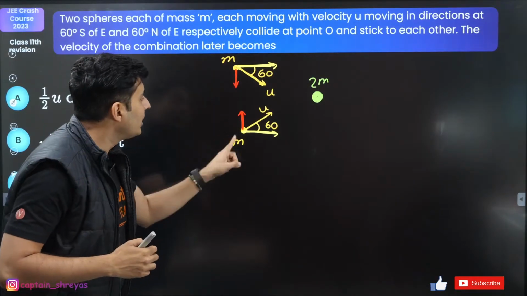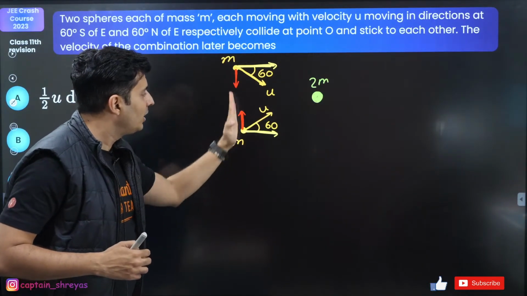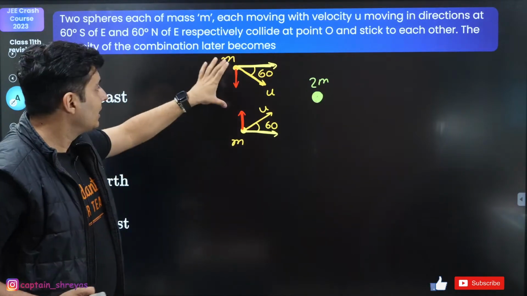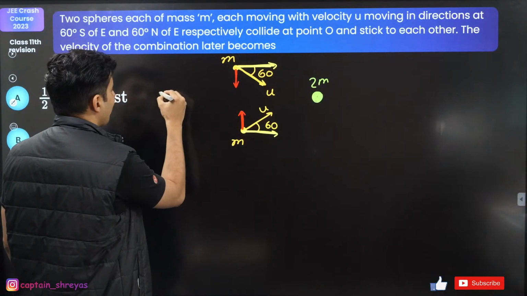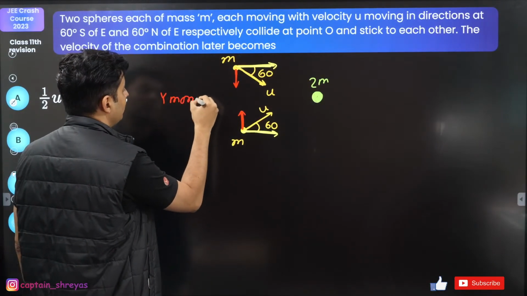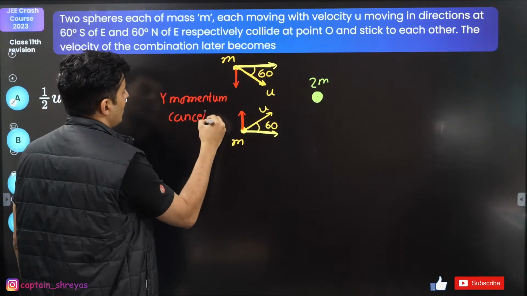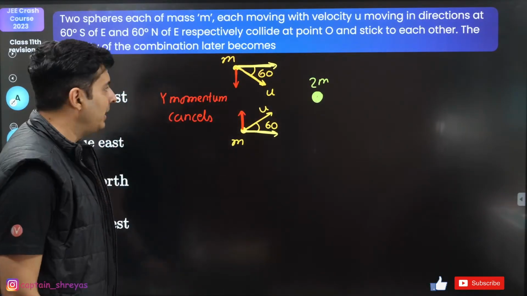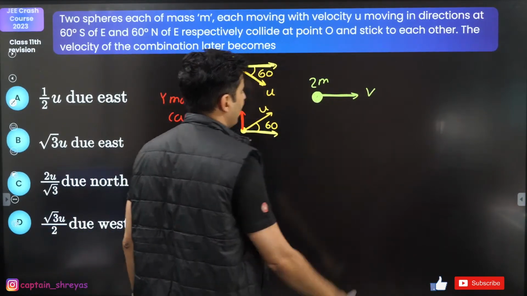Obviously, the vertical components are opposite, so in the y direction the momenta cancel each other. What remains is only the x momentum, so the 2m mass has no other option but to move in this direction.